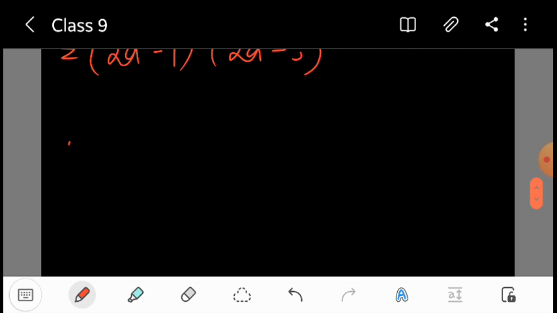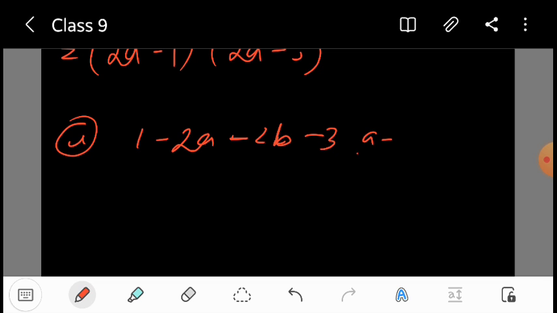Now this problem is quite interesting, that is 1 minus 2a minus 2b minus 3 times a plus b whole square.